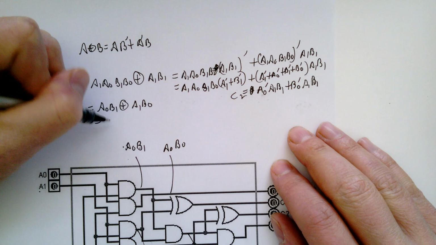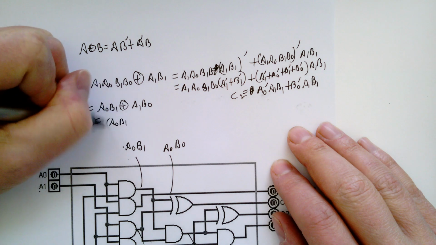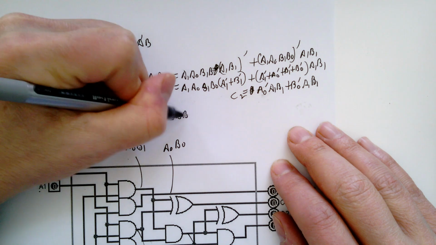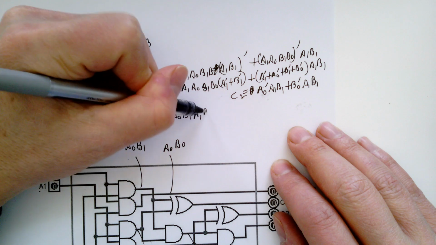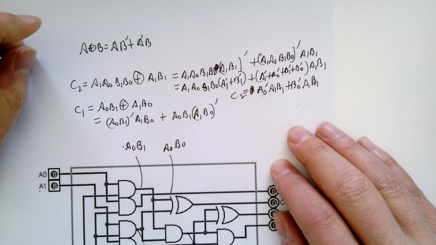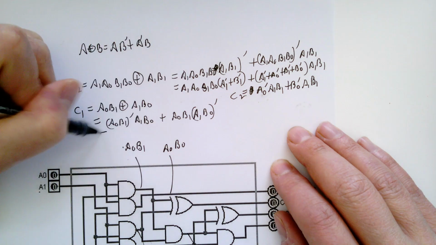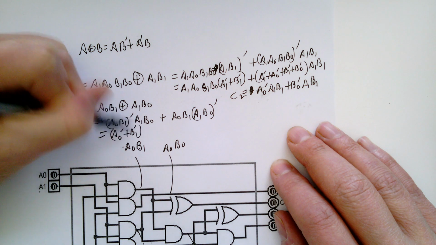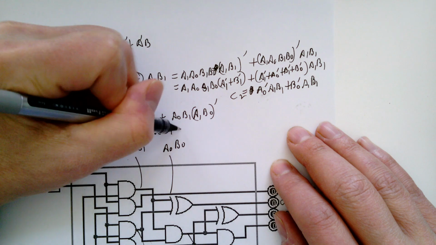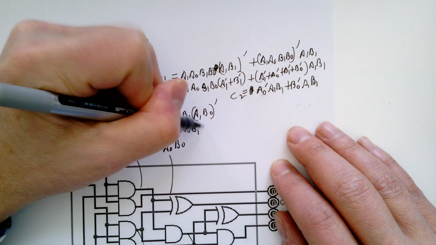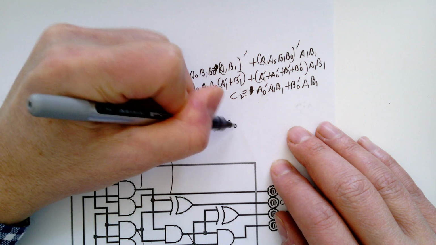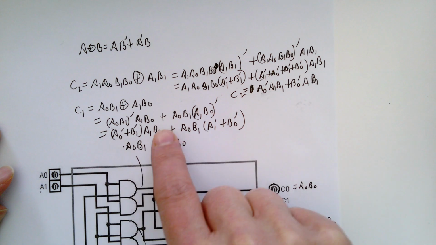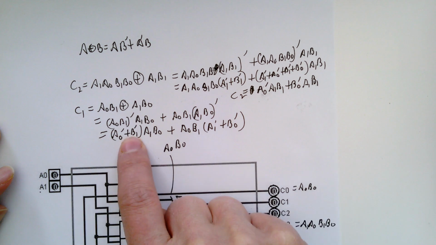Similarly, we can write this, and that must be equal to, using De Morgan's theorem, and now A1 times A0 prime, that's all right. B0 times B1, yeah, that's all right.